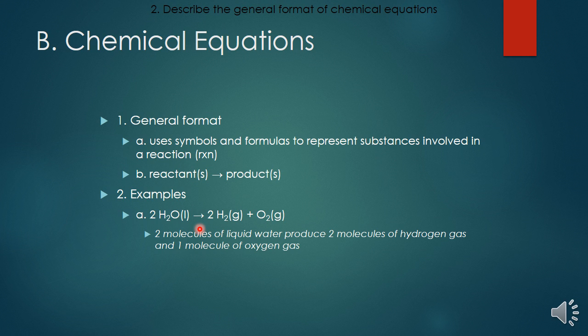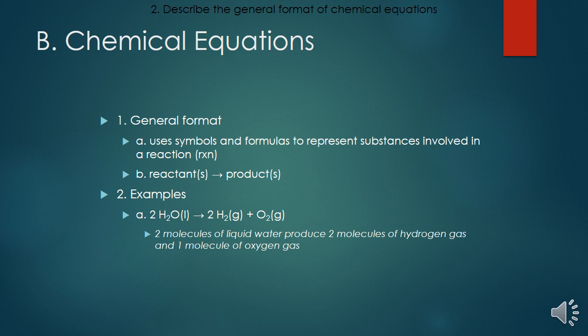Notice the arrow here corresponds to the word produce in the sentence: 2 molecules of liquid water produce 2 molecules of hydrogen gas. So anytime we see this arrow, that tells us we have a chemical reaction going on. We're going to get at least 1 new substance. There is more than 1 word that we could write for that. It would not have to say produce. It could say it forms 2 molecules of hydrogen gas. It yields 2 molecules of hydrogen gas.